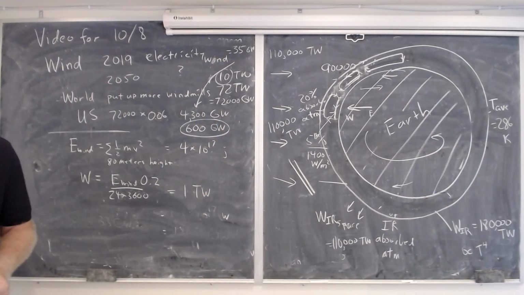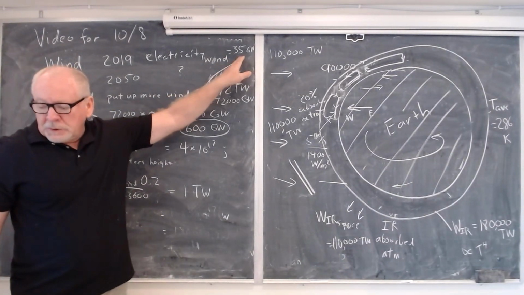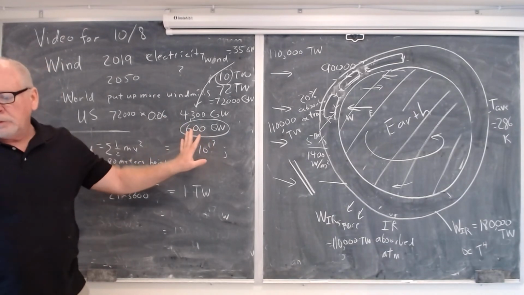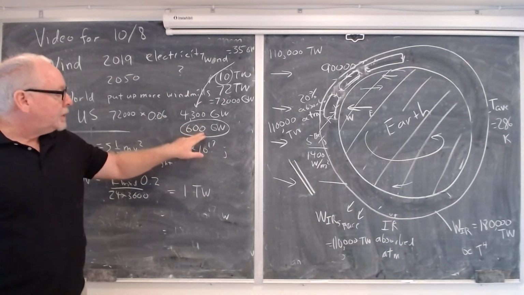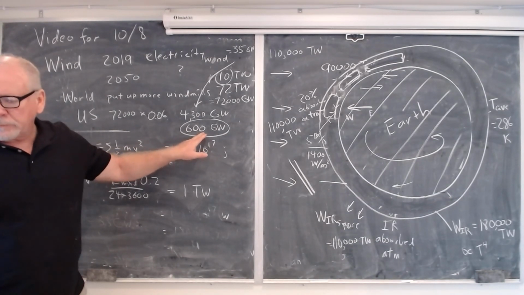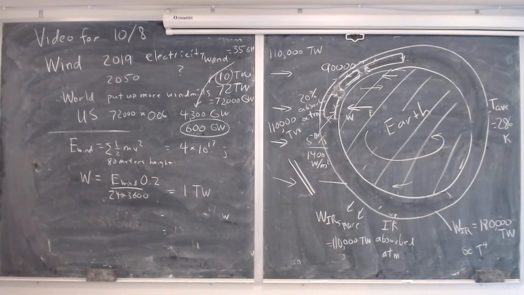Okay, so what I just very roughly calculated for you was that right now, 35 gigawatts, in principle, probably that number can be as high as 600, if we really worked hard putting windmills up everywhere and capturing as much of the wind as we could.